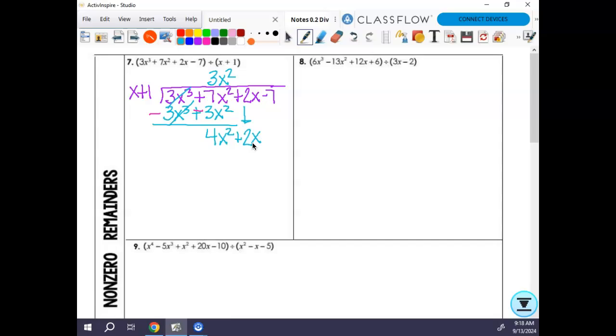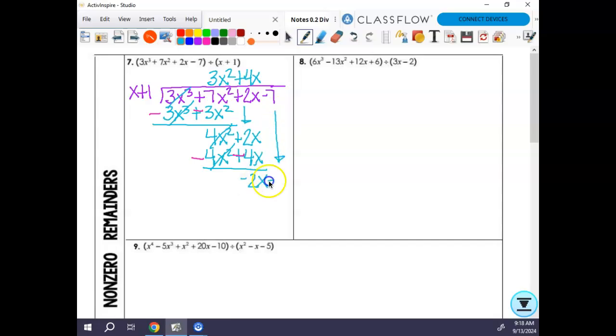4x squared divided by x leaves me with 4x. Good. Multiply those back, I get 4x squared plus 4x. And I change the signs on the second row. Don't forget to change the signs. These zero out. 2x and a negative 4x is a negative 2x.